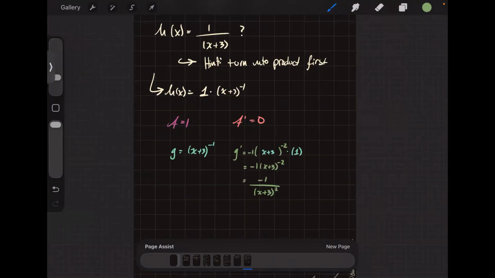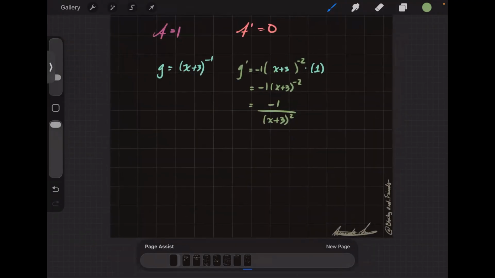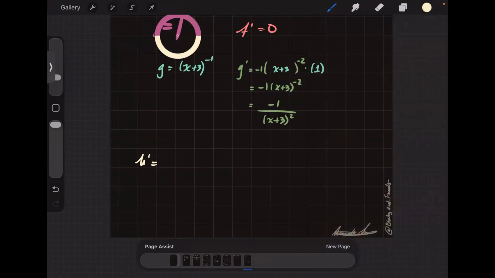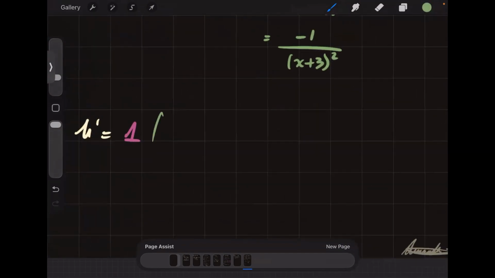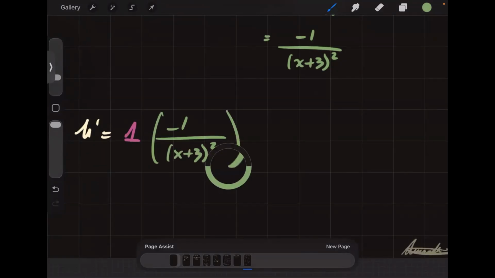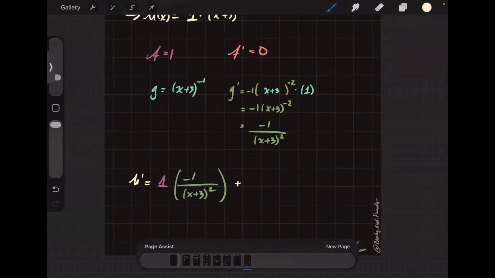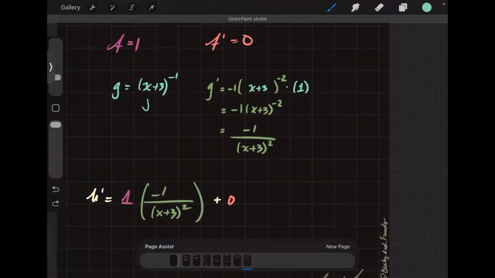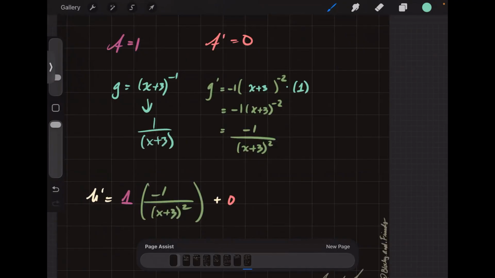Hear me out. At this point, you can just put it into our product rule now. Because then if you do that, you'll have h prime is equal to f times g prime, which is going to be negative 1 over x plus 3 squared, plus f prime times normal g, which you can either write like this or as 1 over x plus 3 at this point.